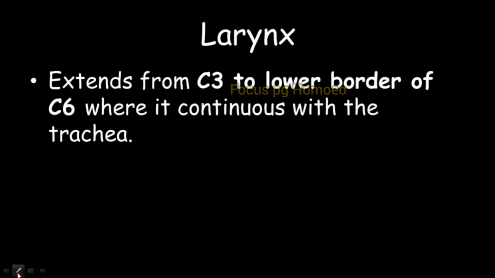Now we are moving towards the larynx. We completed the pharynx now. The larynx extends from C3 to the lower border of C6. Just have a cross structure for observation. Here comes the C1 vertebra.